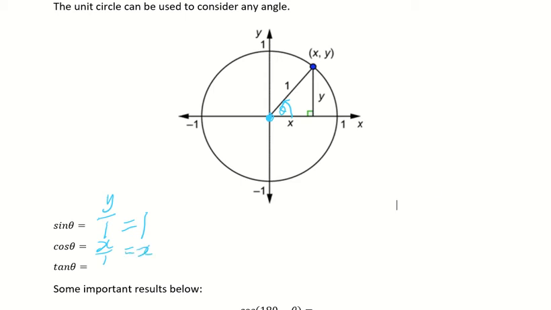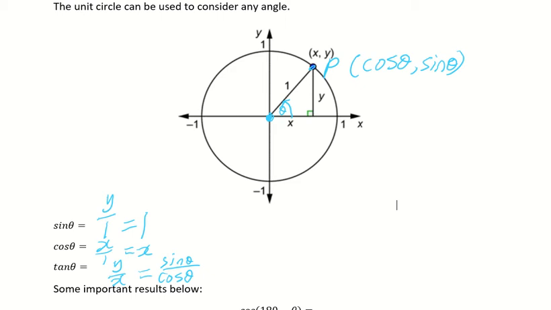Tan theta is opposite over adjacent, so it's y over x, which is also called sine theta over cos theta. If I call this point P here, then we say the x-coordinate of P is cos theta. The y-coordinate of P is sine theta.